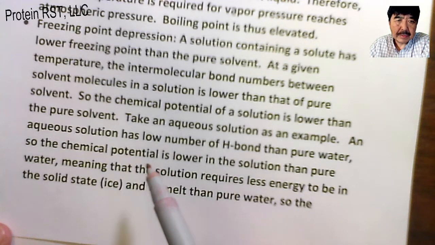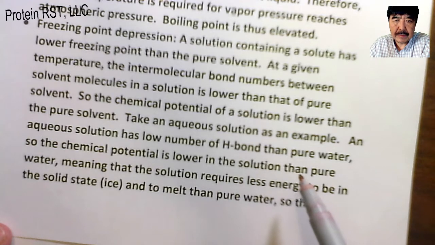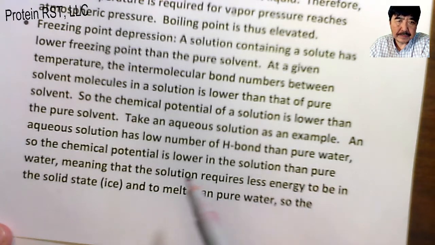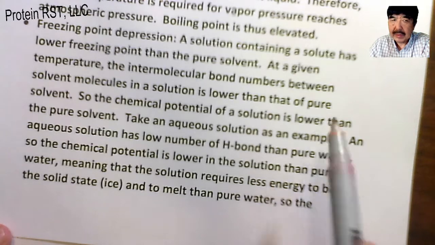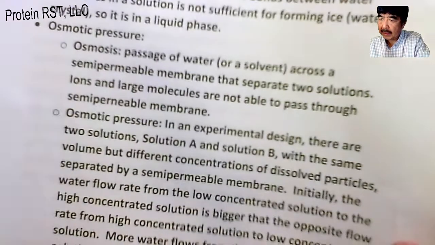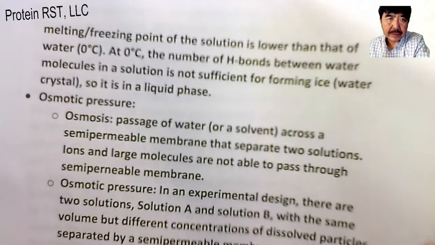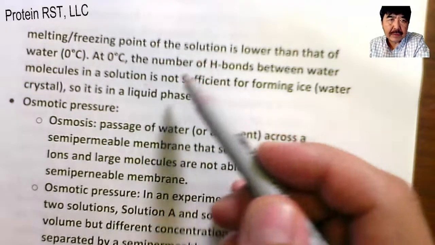So the chemical potential is lower in the solution than in pure water, meaning that the solution requires less energy to be in the solid state, or less energy to melt, than pure water. So the melting point or freezing point of the solution is lower than that of water.